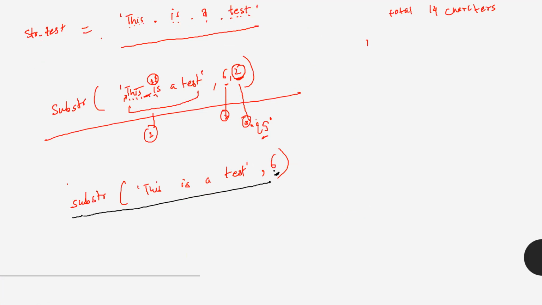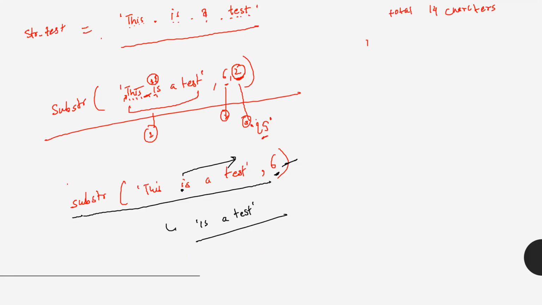My sixth character. From this example, I know that my sixth character is this one. Now what is the length of the string? In the previous example the length was 2. In this example, the length of the string is not mentioned, so we have to take the complete string till the end. So the result will be "is a test", starting from "is" till the end.